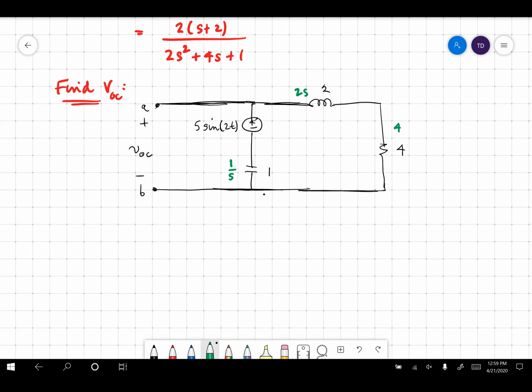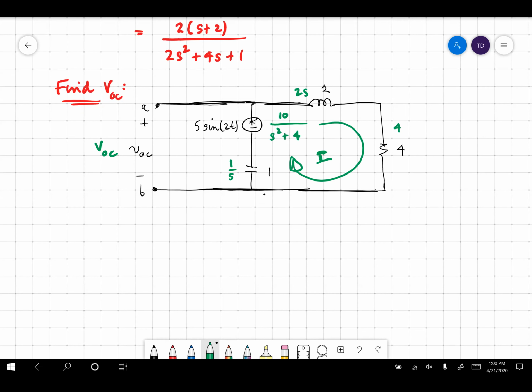5 times 2, 10, divided by S squared plus 2 squared, S squared plus 4. VOC over here. Okay. Well, this is just a single loop circuit.